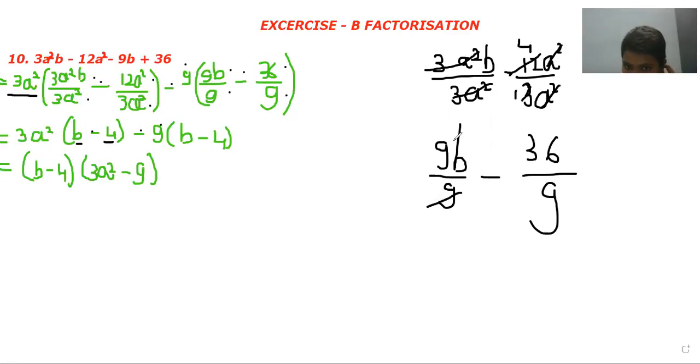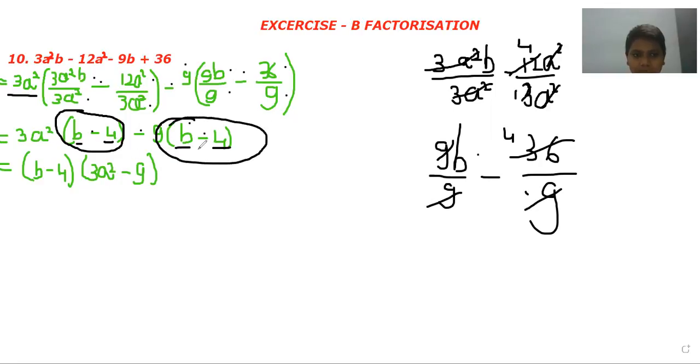Here 9 and 9 cancel. What is left? B is left. So B. Then minus 9 ones are 9, 9 fours are 36. So I took 4. Now in both the terms, b minus 4 and here also b minus 4. So b minus 4 is the common factor.